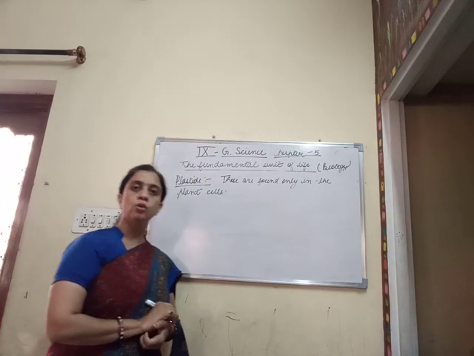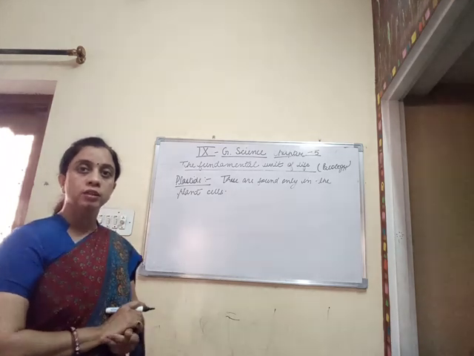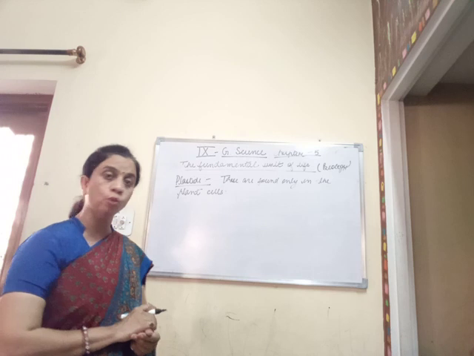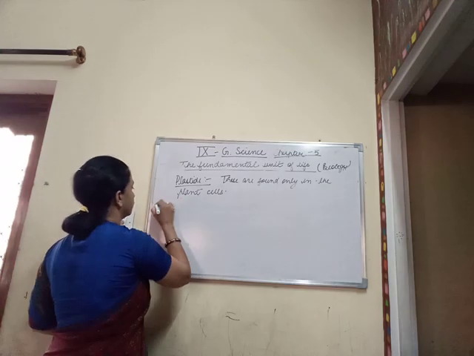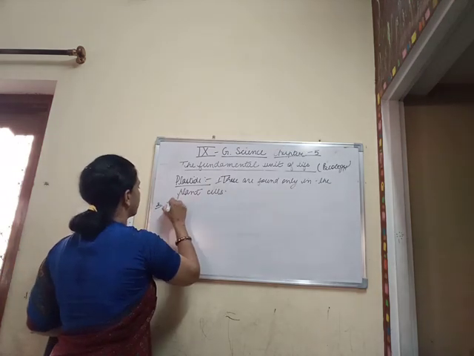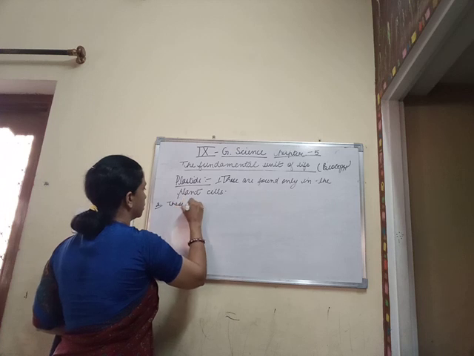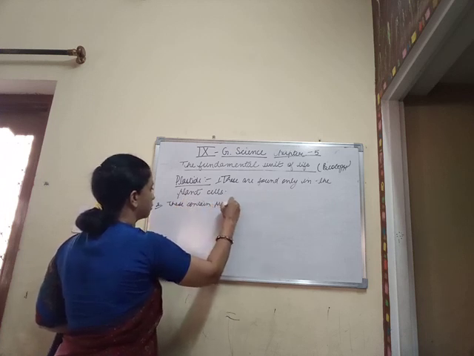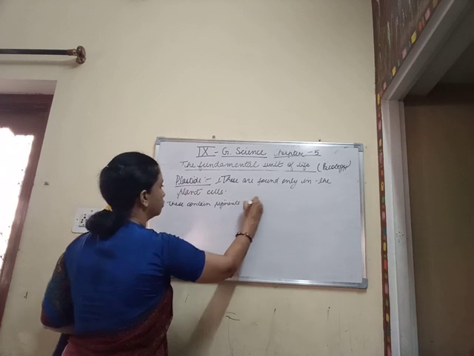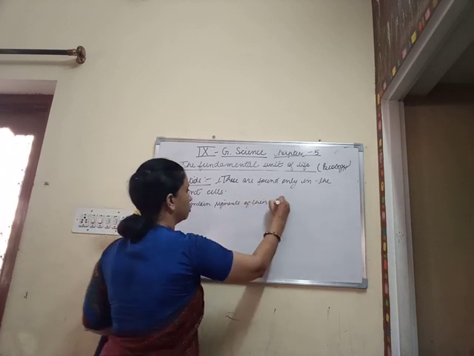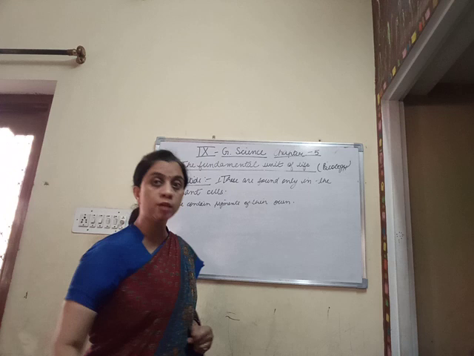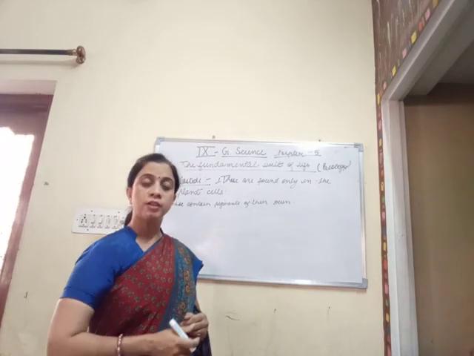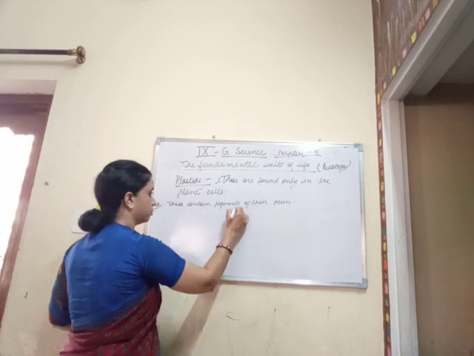These plastids are the cell organelles which contain pigments of their own. Depending upon the type of the pigments they are having, the plastids are categorized into three types.